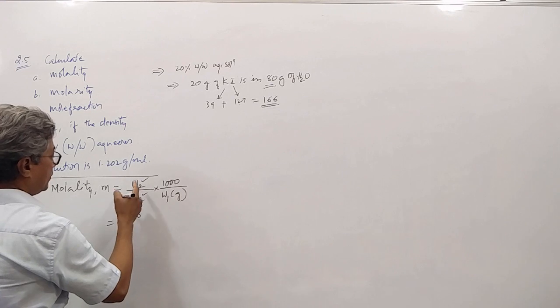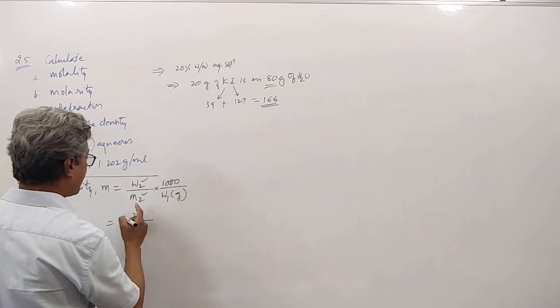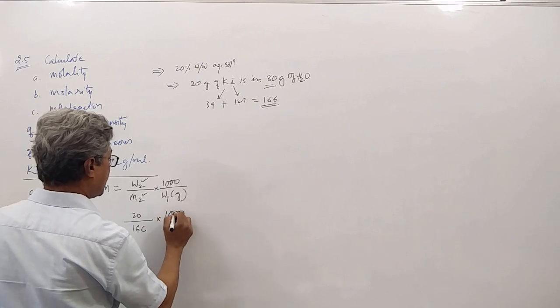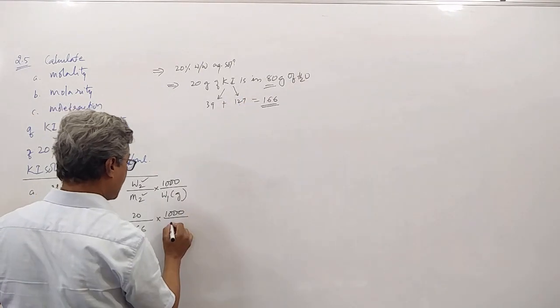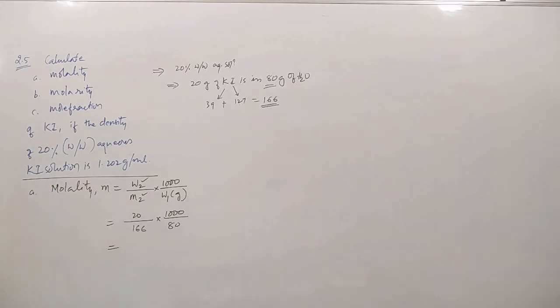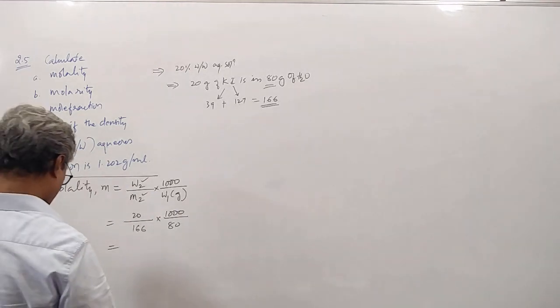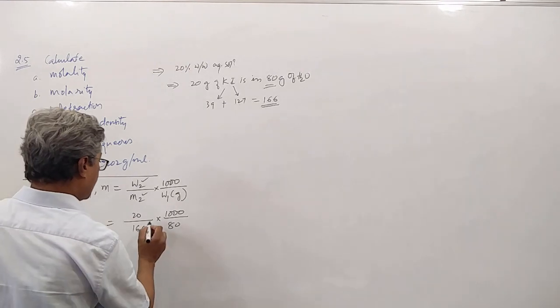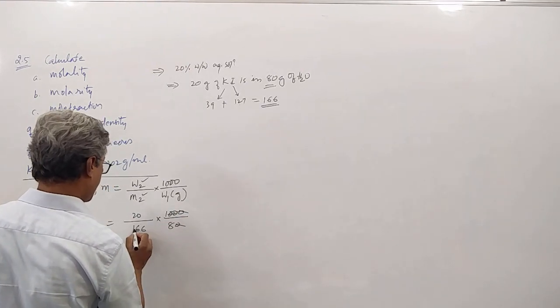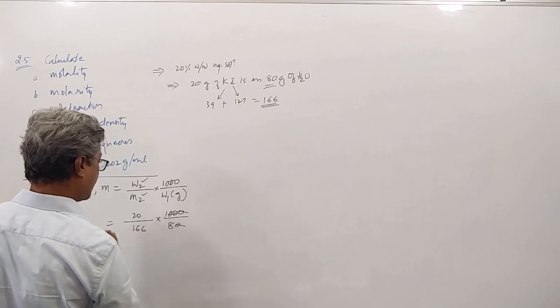So W2, that is 20 gram, divided by molecular mass of KI, which is 166, into 1000, divided by weight of solvent, which is 80 gram. Let's calculate it. This and this get cancelled, then these two zeros will make a decimal over here.